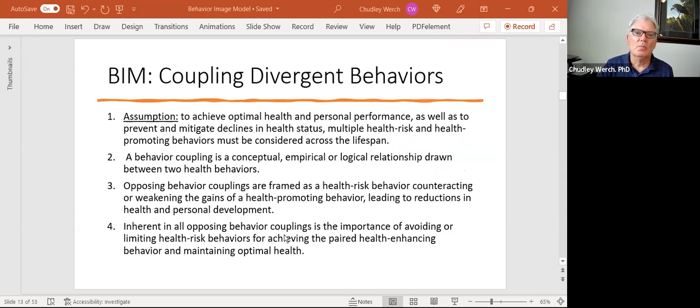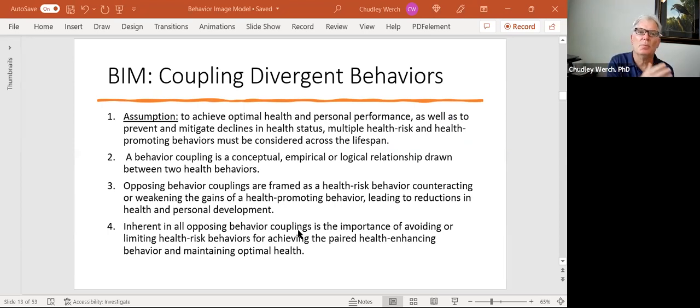So for the BIM, one of the interesting concepts that came up was this idea of coupling behaviors. And particularly in BIM, what's important is coupling divergent behaviors, especially coupling a health promoting behavior with a health risk behavior, particularly substance use.